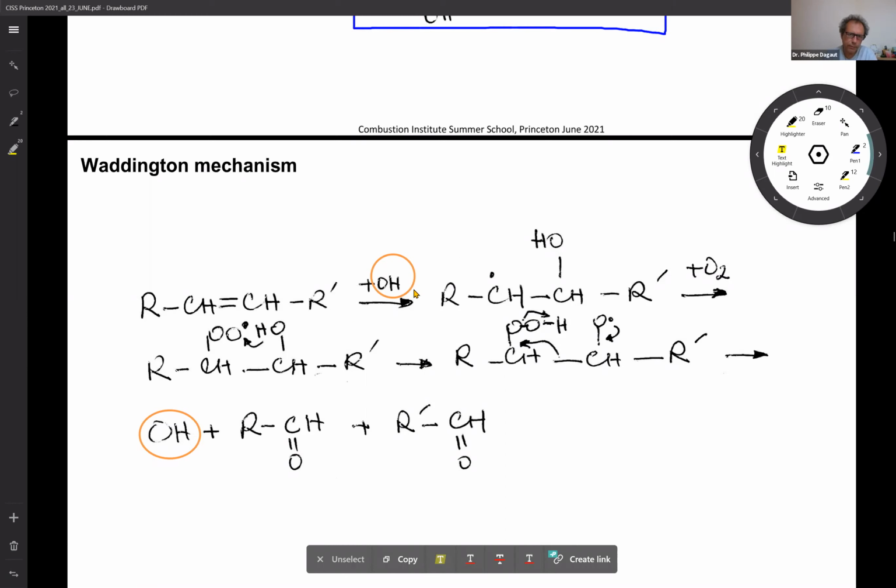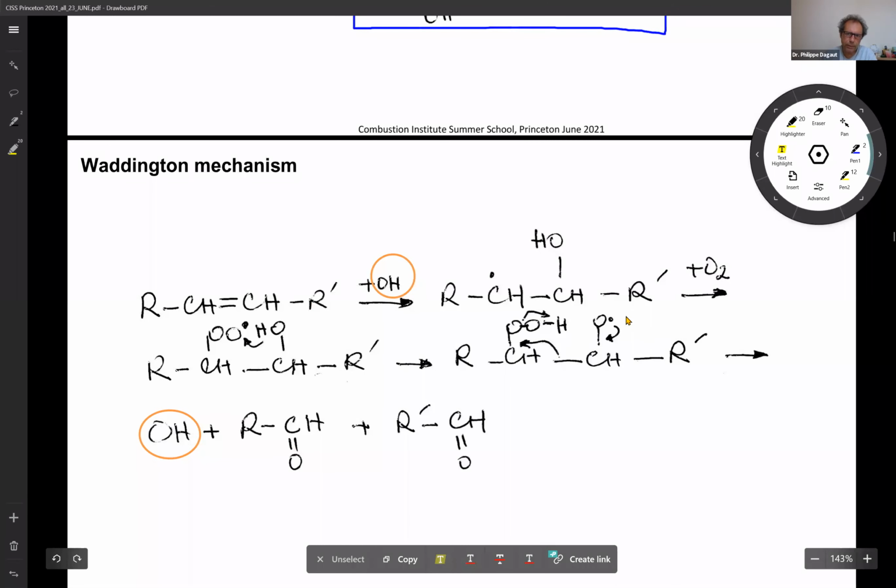So OH radicals can add to a double bond and produce this intermediate radical, which can react with molecular oxygen. So molecular oxygen goes here, and you get this peroxy radical. Then the H atom from the OH group nearby can be transferred to this peroxy group and form a hydroperoxy group.